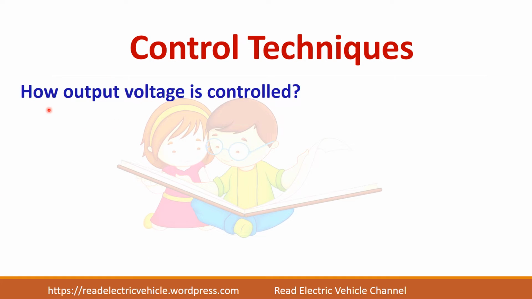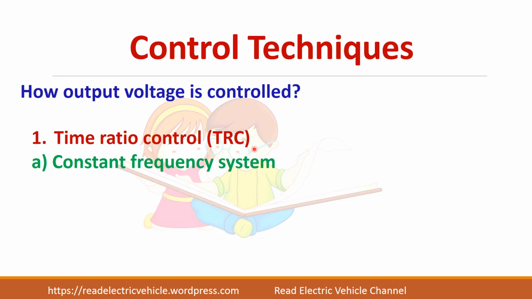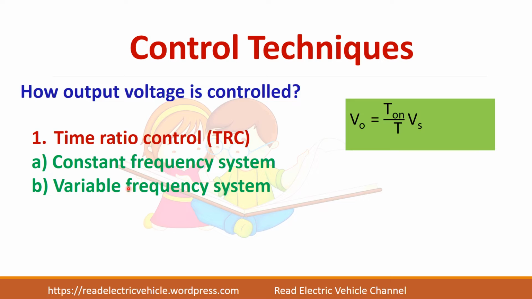How is the output voltage controlled in a chopper? There are two different techniques. One is called time ratio control. In time ratio control, there are two techniques: constant frequency system and variable frequency system.